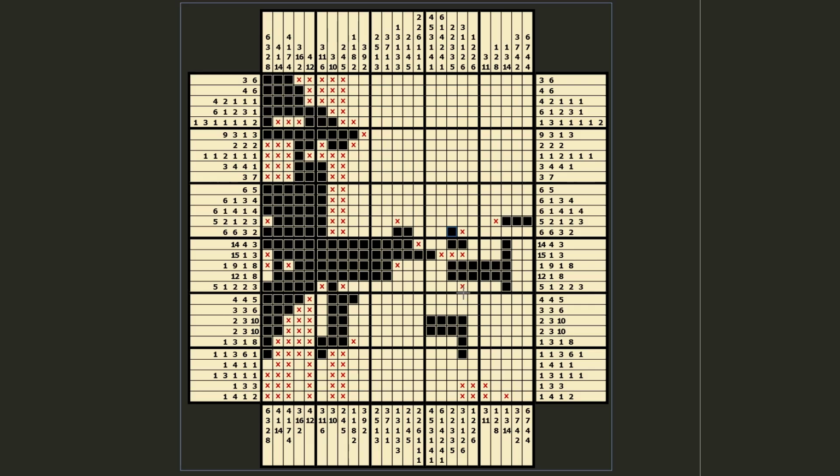Now is this guaranteed to be a 3? So let's see. 2, 3, 3, 5. No. So this is guaranteed to be a 3, but this one can be a 2 or a 3. And there's a 5. Block that off. That's a 2.